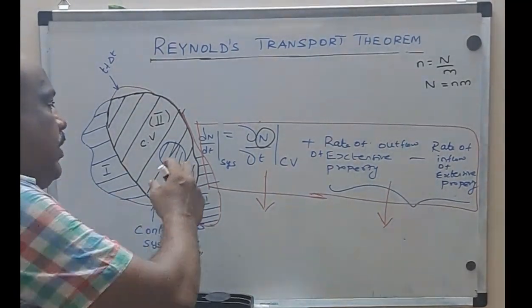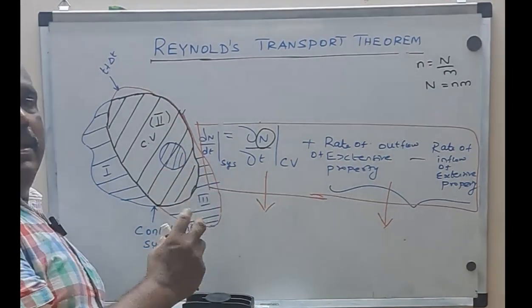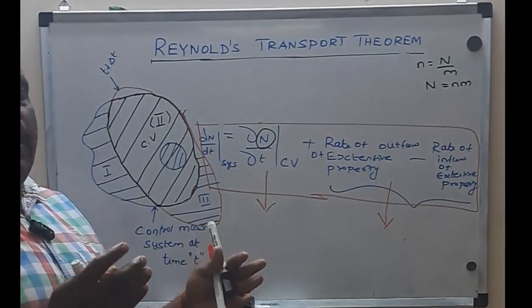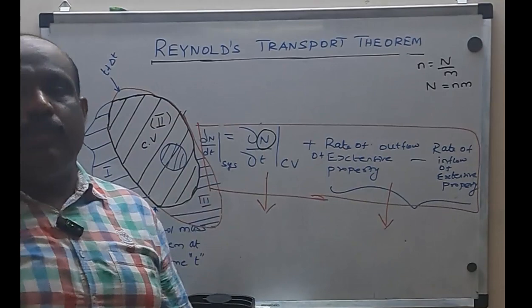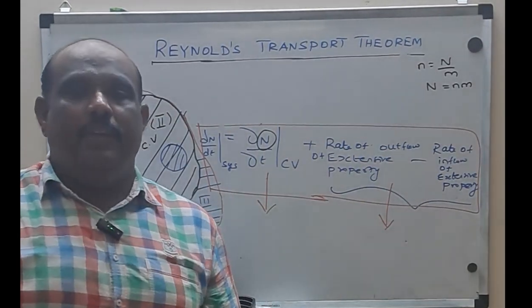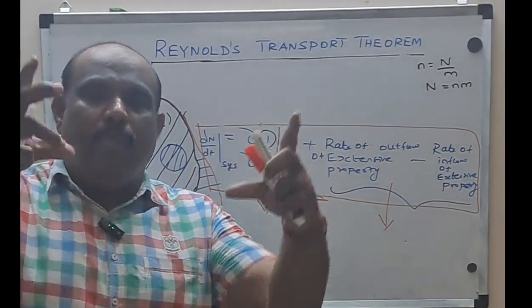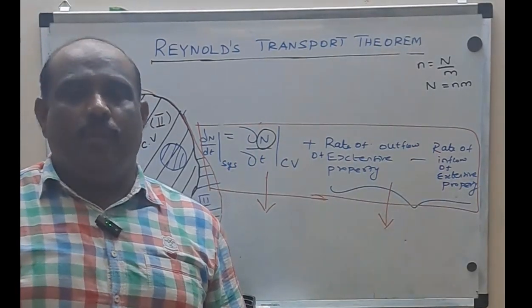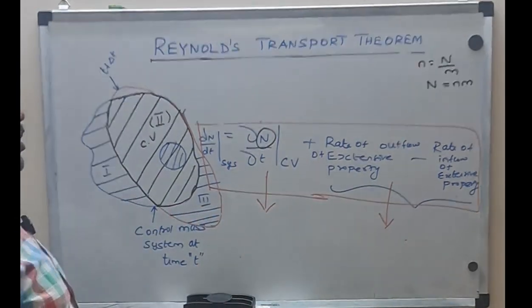What is the meaning? If I integrate this elemental control volume, I will get the entire control volume. That is the meaning. So if I do a triple integral, then this elemental control volume will become the full control volume. Okay, that's the idea.